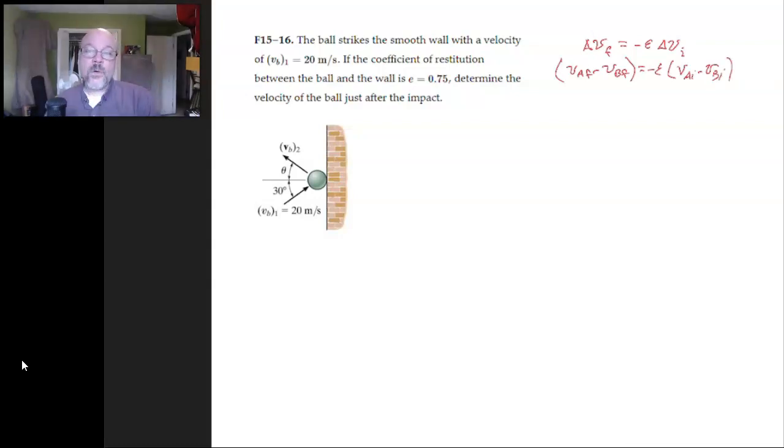Okay, that's totally cool. If you do it as VB final minus VA final, all you've done is switched your minus sign, and it's the same equation, okay? So it doesn't matter which one you do, just be consistent, A minus B, or B minus A. As long as you're consistent, it's all fine. All right.